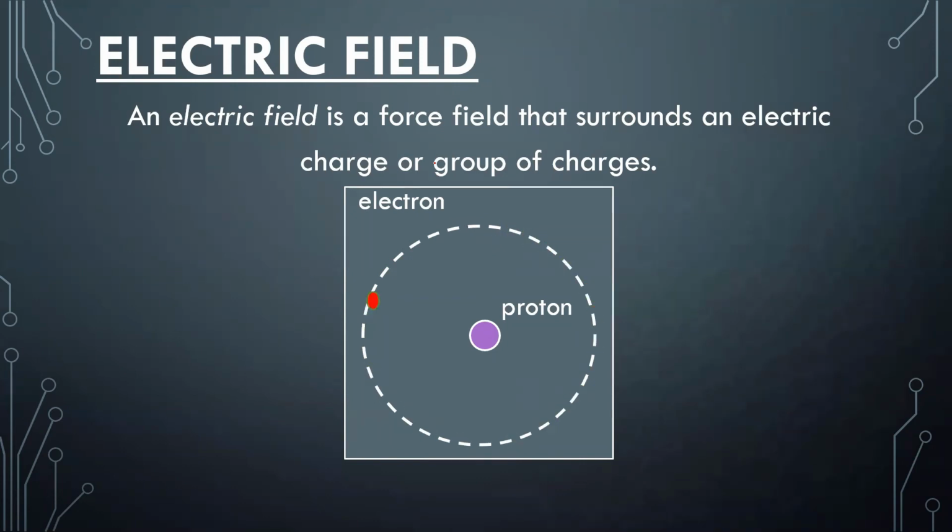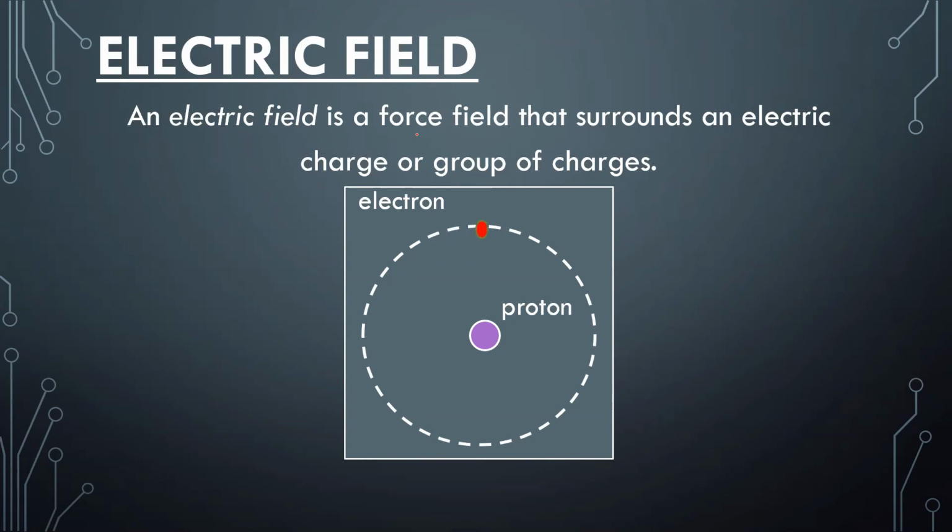But since electron is a negatively charged particle and proton is a positively charged particle, they will attract one another. And because of the electric field that separates these two particles, the electron, which is being attracted to the proton, since hindi siya makapasok dun sa electric field, ay iikot, okay?